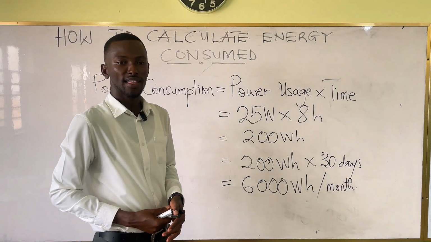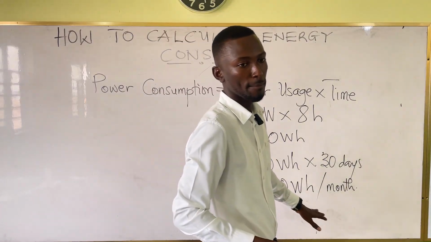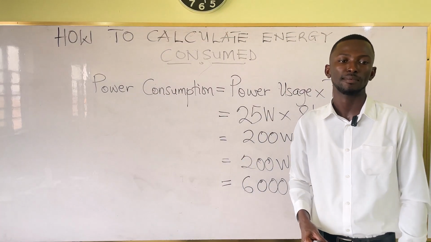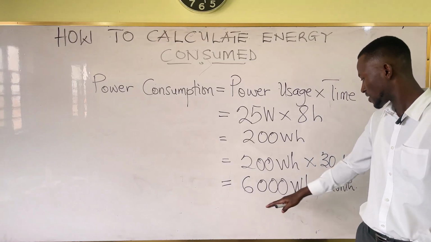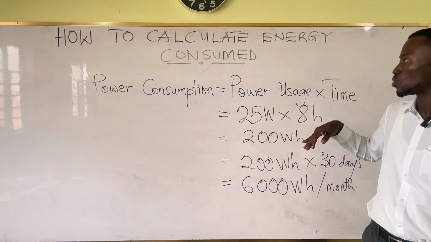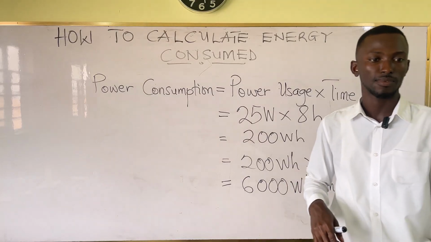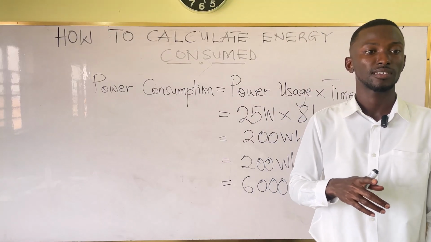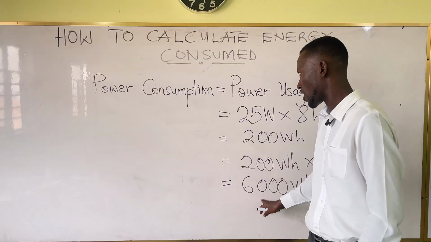Now, if you are to convert this 6,000 watt hour per month to kilowatt hour, what would the answer be? 6. So the answer will be 6. So how do we convert?